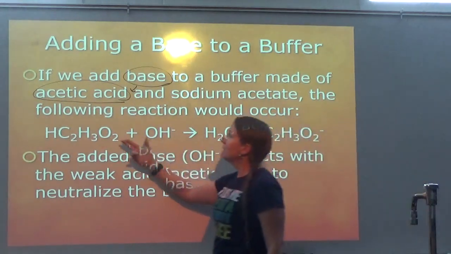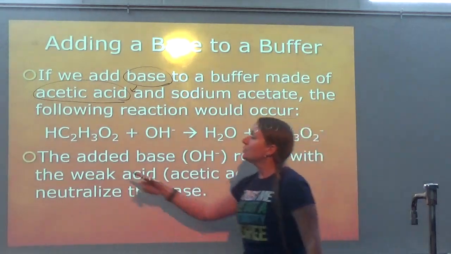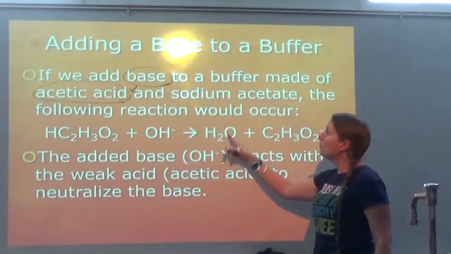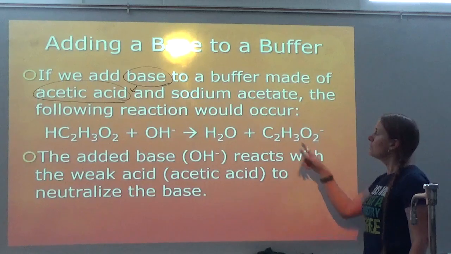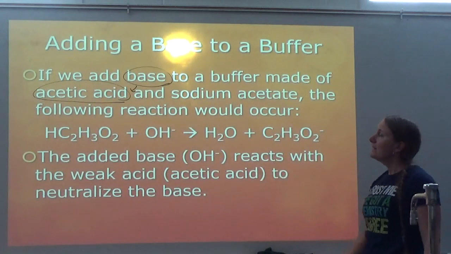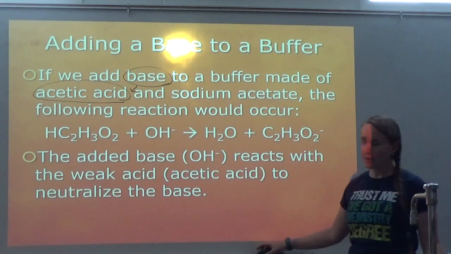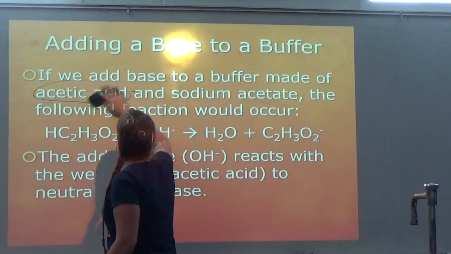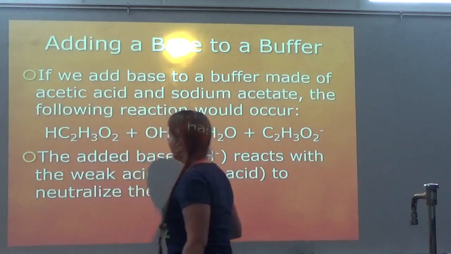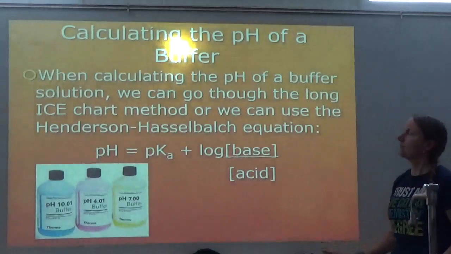Here's my acetic acid, base we're just representing as OH minus, and so the H and OH will make water, and then we'll be left over with that acetate conjugate base. So the added base, the OH minus, reacts with the weak acid, acetic acid, to neutralize the base. So if you add an acid, it'll react with the conjugate base. If you add a base, it will react with the weak acid.